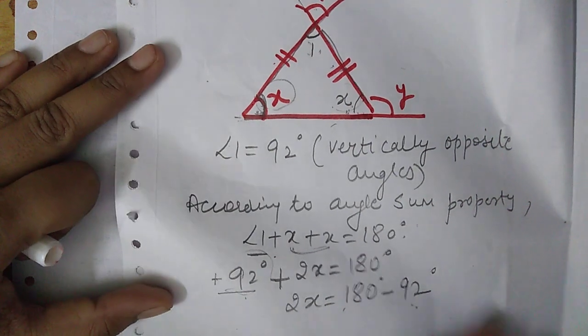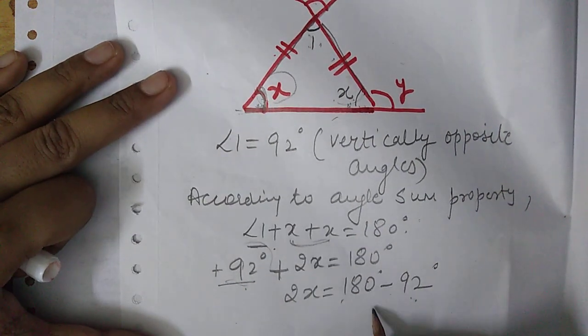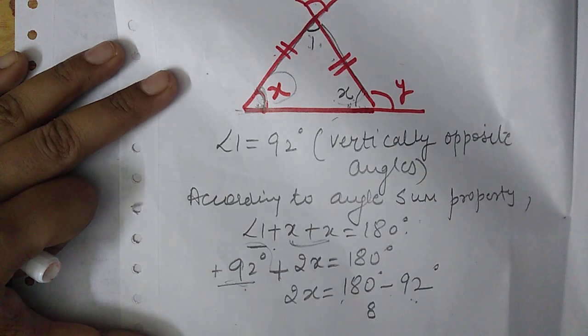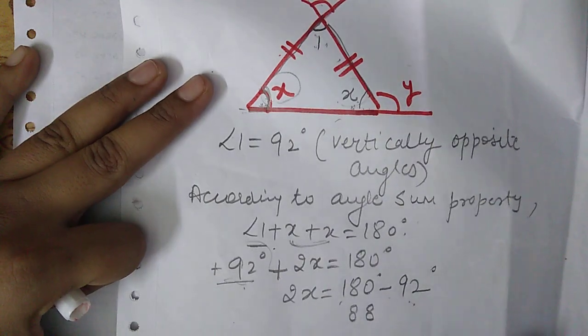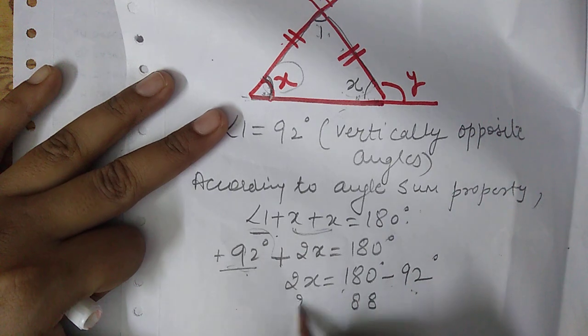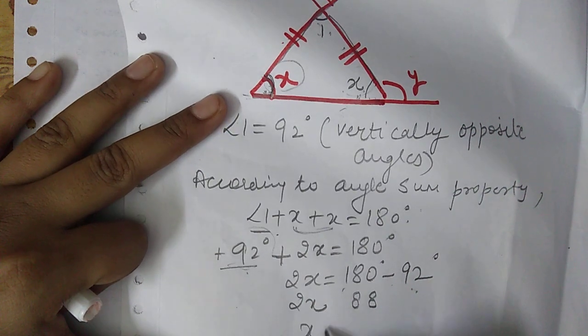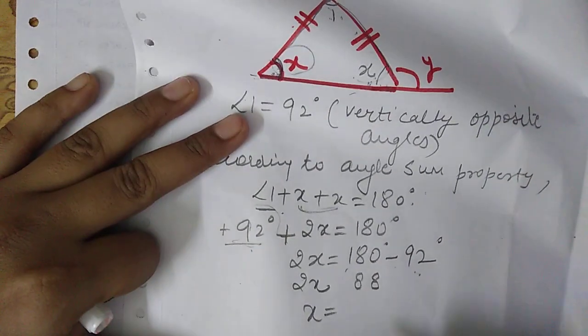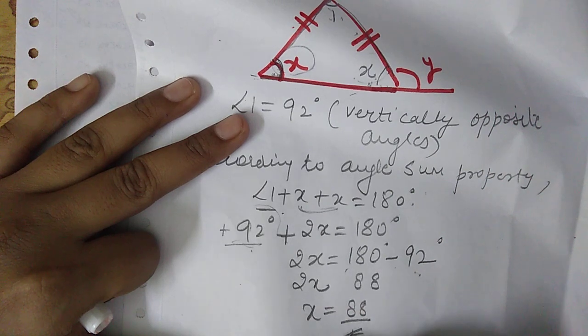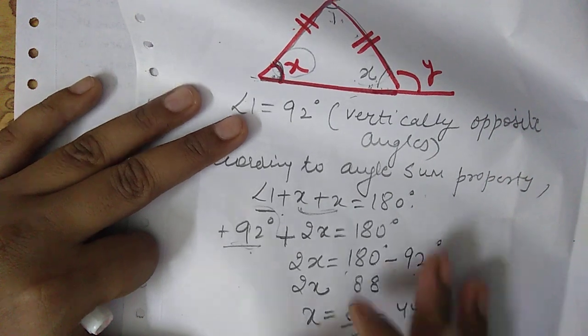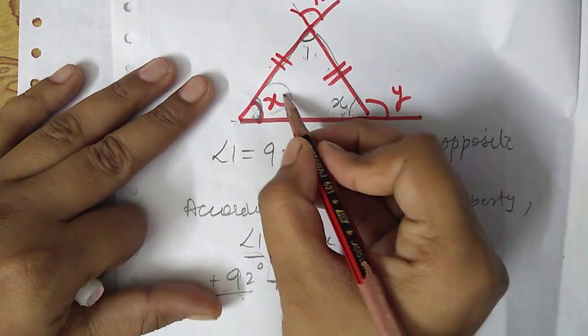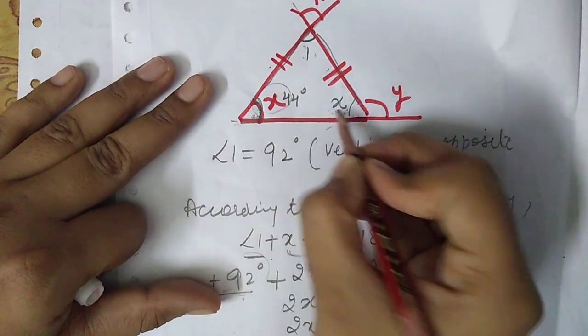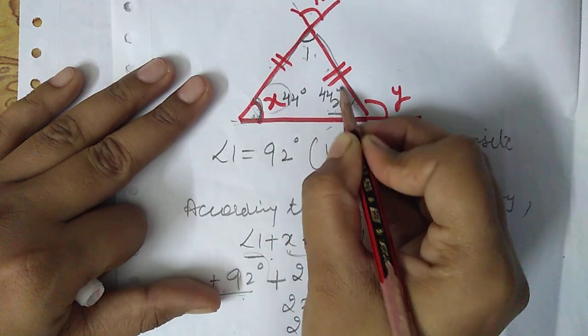If you subtract them, it will be 88. So 2x is equal to 88, so x is equal to 88 divided by 2, that is 44 degrees. So x we have calculated, that is 44 degrees. So this is also 44 degrees, as both are equal.